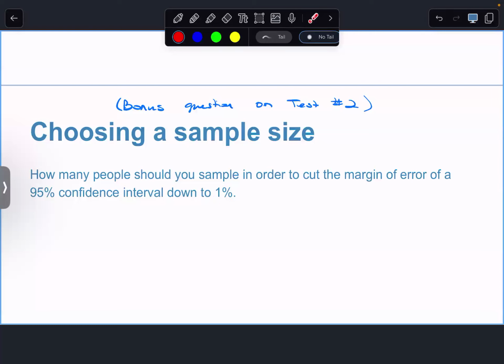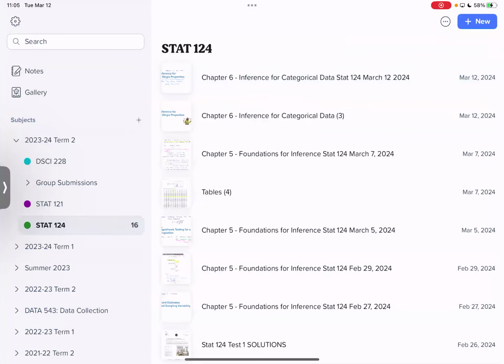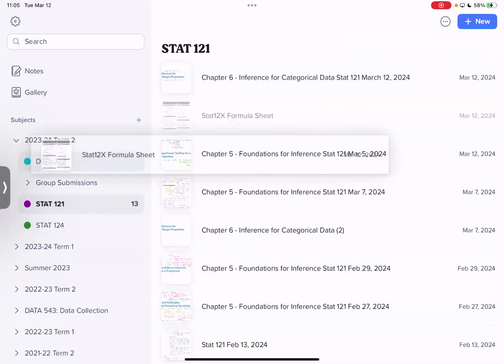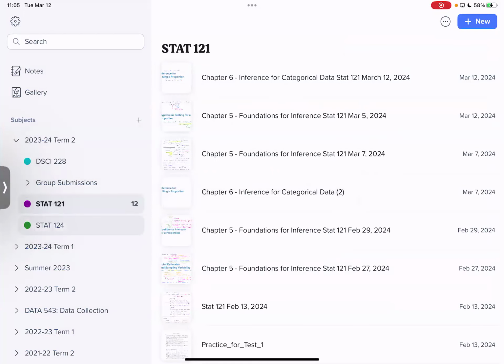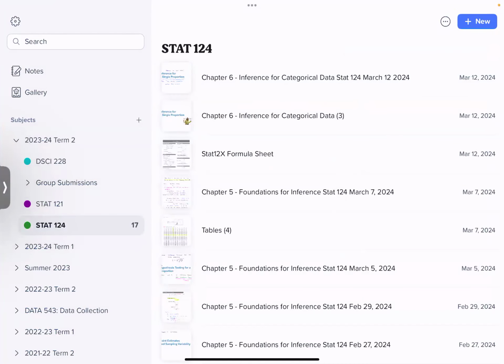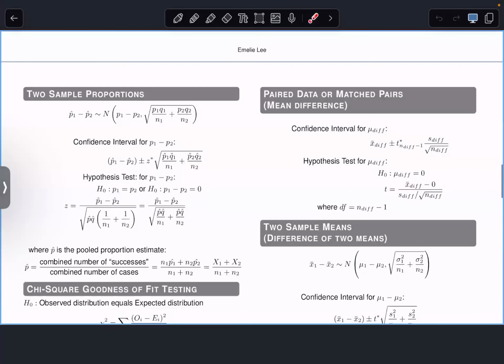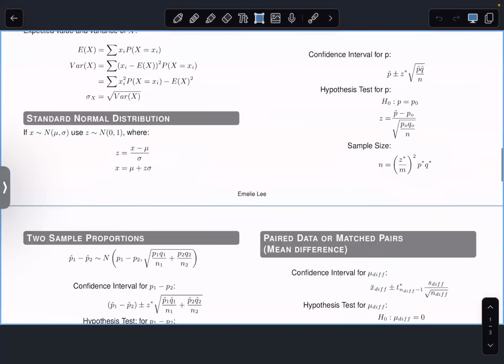Then you have to unravel what the sample size or the n should be. And on your formula sheet, that's why I feel okay putting it on test 2 as a bonus, because it is on your formula sheet. At the very bottom, it's a sample size calculation.